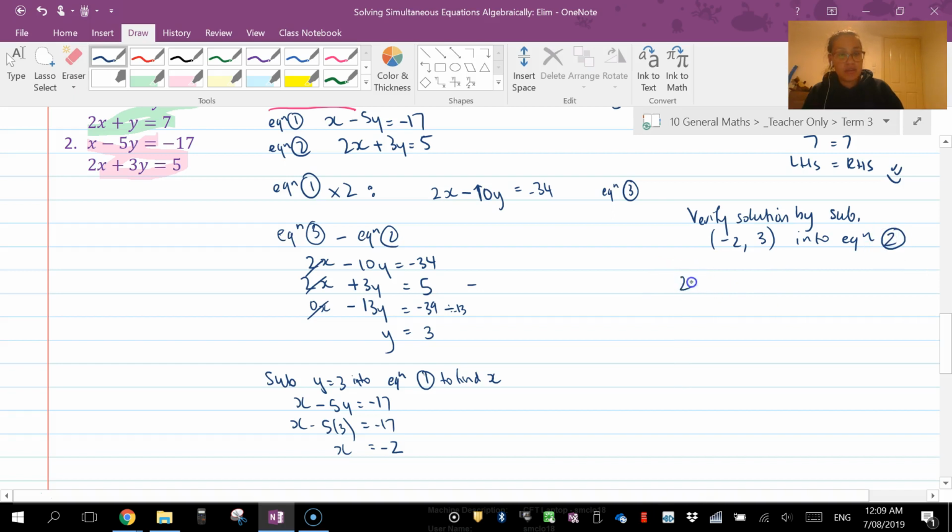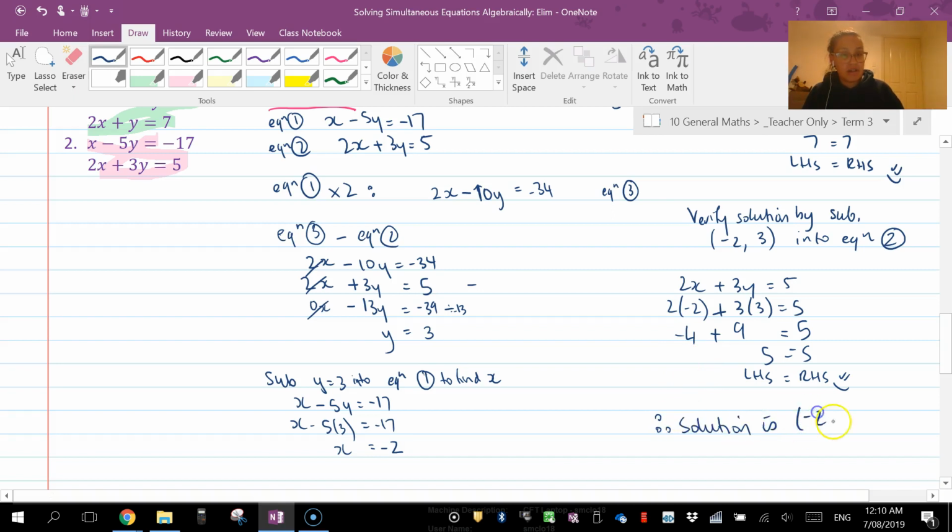So 2x plus 3y equals 5. 2 times negative 2 plus 3 bracket 3 equals 5. 2 times negative 2 is negative 4, plus 9 equals positive 5. 5 equals 5. Left hand side equals right hand side. Yeah, happy days, this has been verified. So therefore the solution is negative 2, 3.